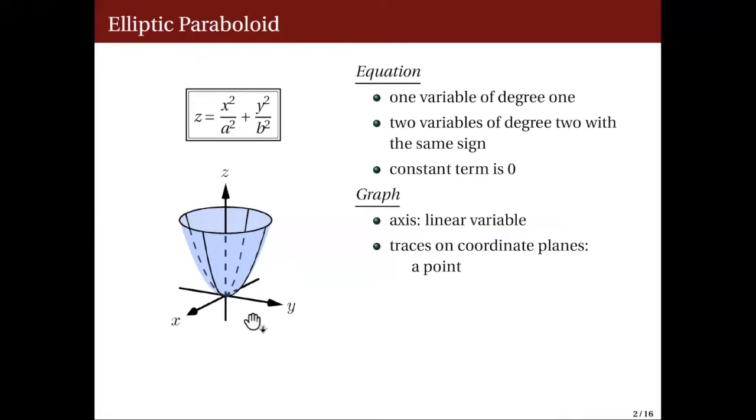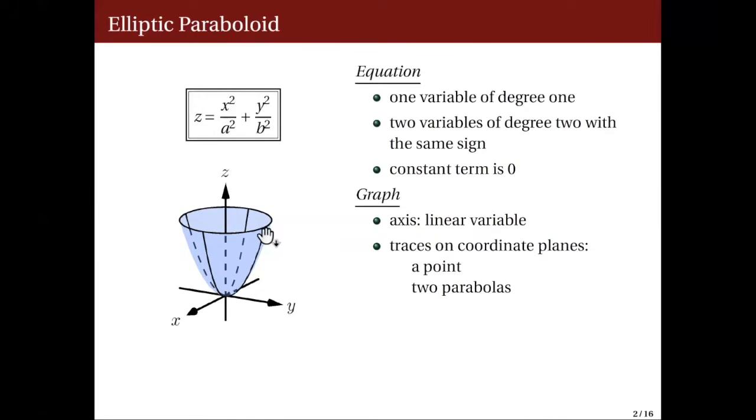So that is a point. The trace on the yz plane is this parabola, and the trace on the xz plane is this other parabola. So the traces on the three coordinate planes consist of a point and two parabolas.